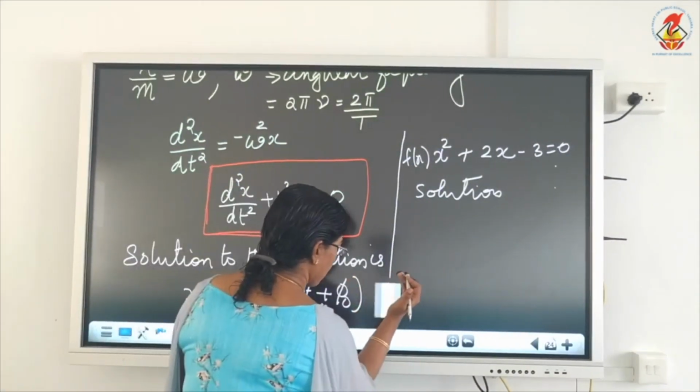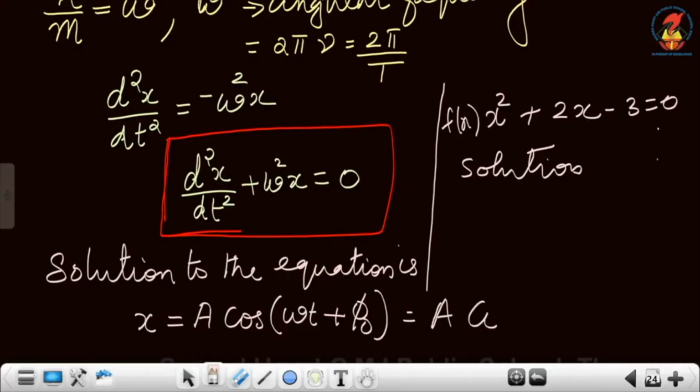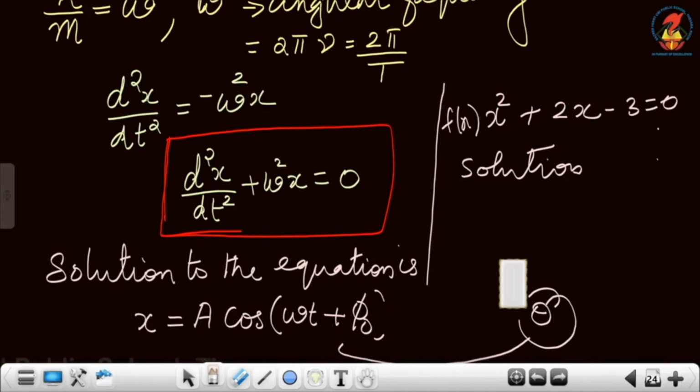This is equivalent to writing A cos theta, where theta is actually omega t plus phi 0. So the solution for the differential equation of SHM is x is equal to A cos(omega t plus phi 0).